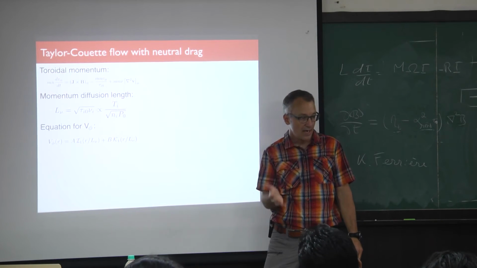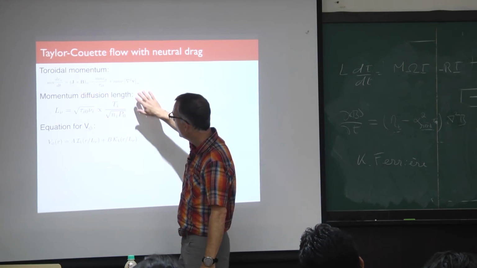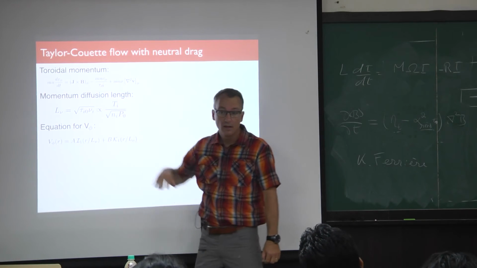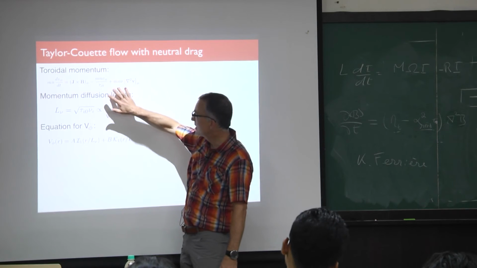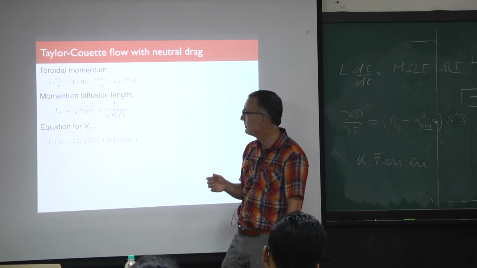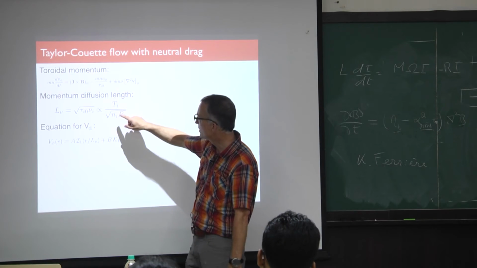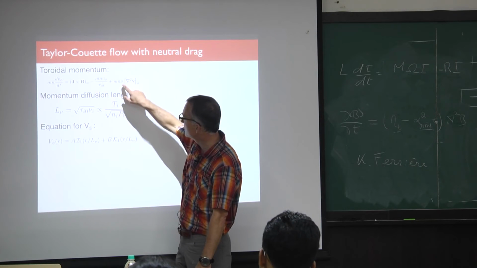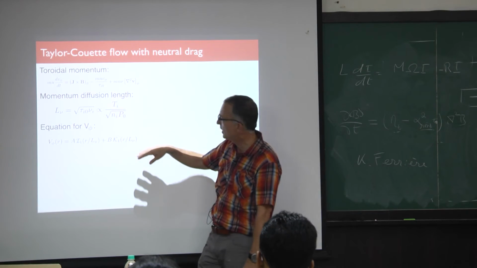on the momentum. So in a partially ionized plasma, the momentum is governed by an additional term, which is a drag on the flow. Okay, and there's a characteristic length that goes into this, which depends on the charge exchange time and the viscosity, and you can characterize a characteristic diffusion length for that.